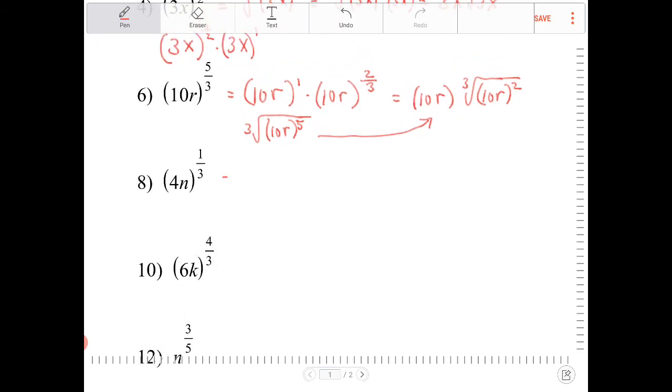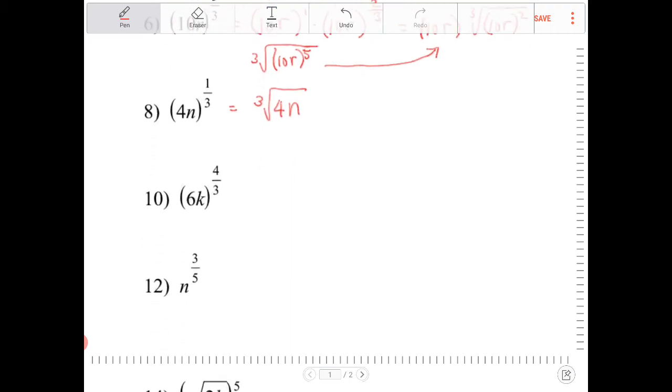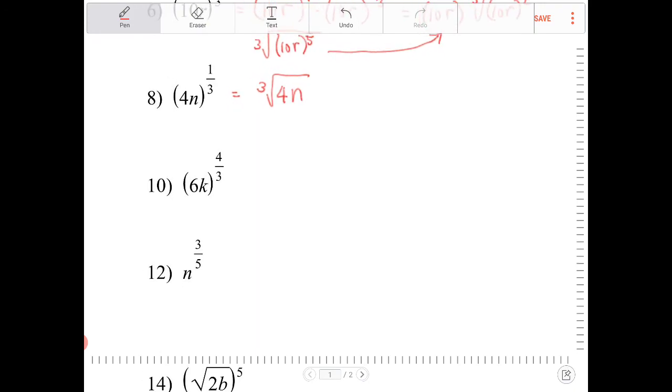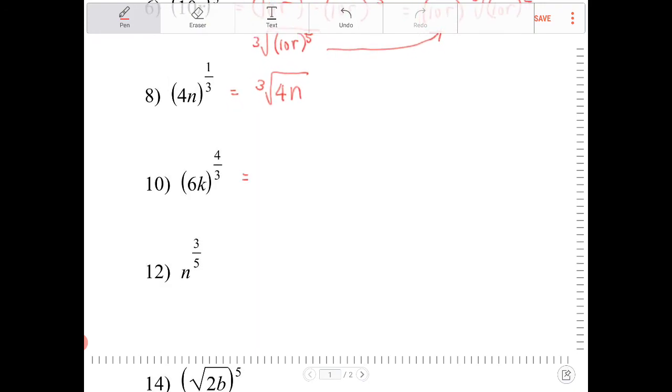Okay. 4n to the 1/3. This is equivalent to the cube root of 4n. 6k to the 4/3. This is equivalent to the cube root of 6k to the 4th. Alternatively, again, the answer key would have stopped here, but I'm taking it a step further.